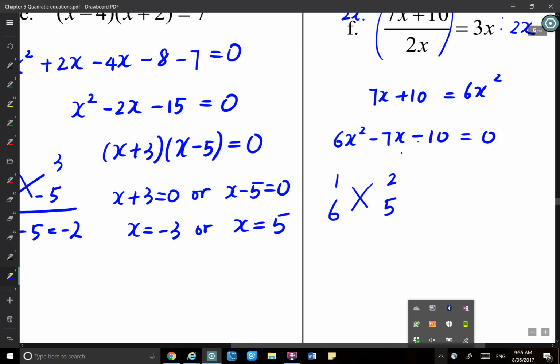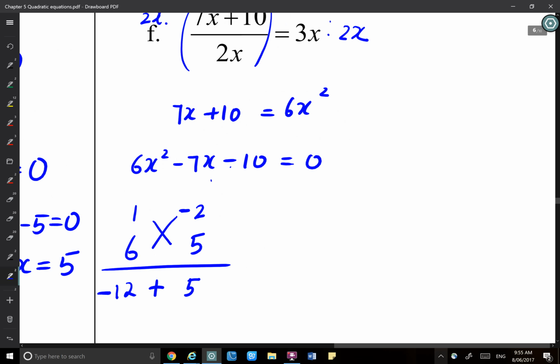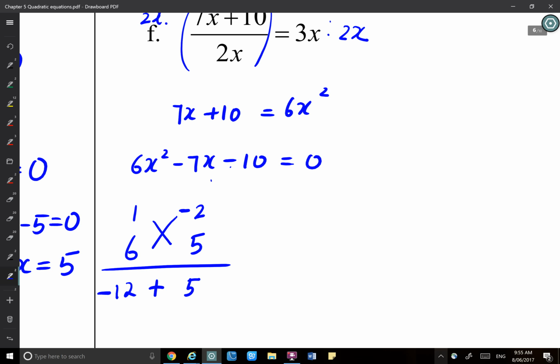Let's have a look at that. That gives me a 12. That gives me a 5. I can make a 7 by 12 and 5. I need a negative 7. I need a negative 12. I need a negative 2. It's not necessary to be done in one step. You may need to try several times, like what I did. I tried 3 times still.